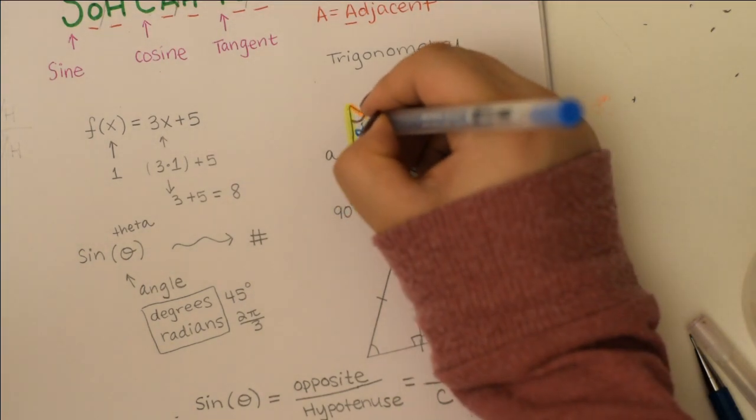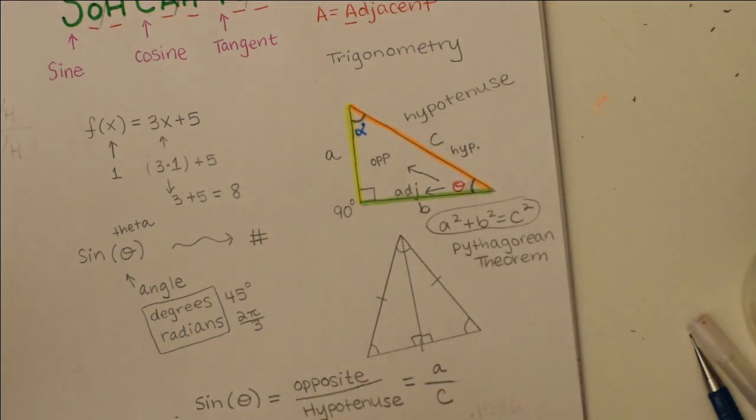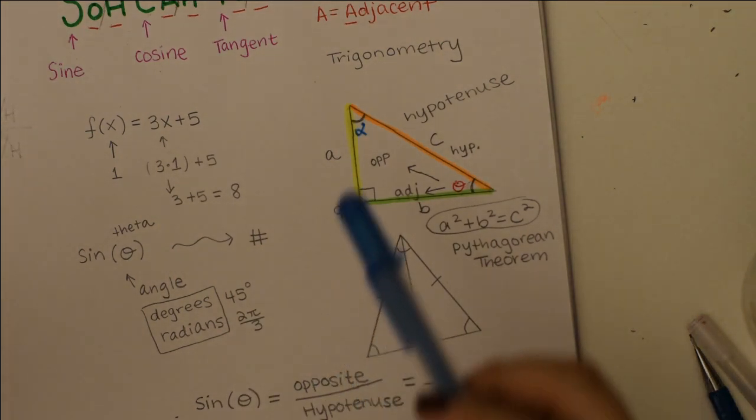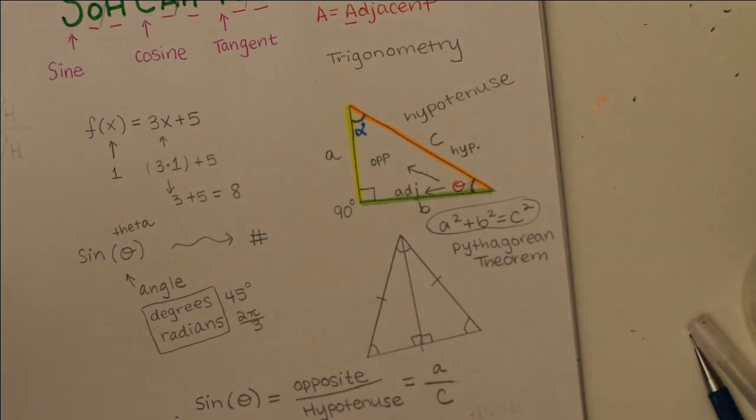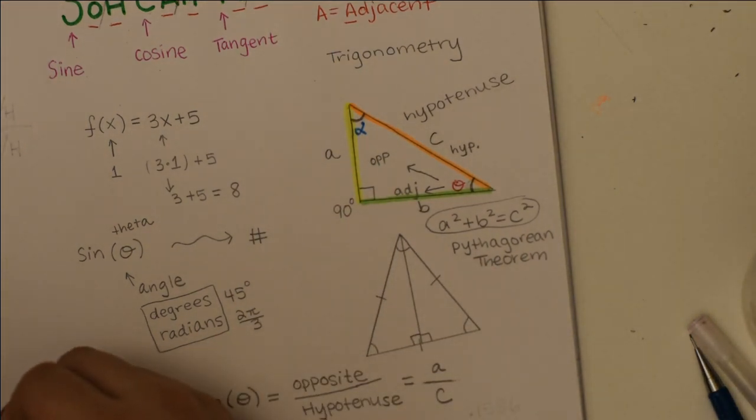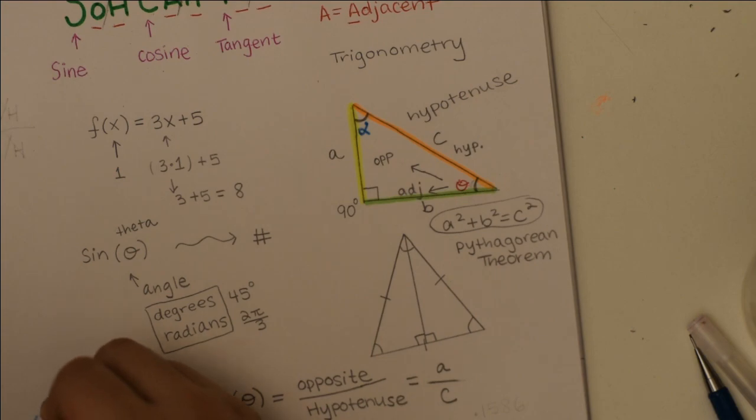Usually we use Greek letters for angles here. So notice that if we used this as our angle and we tried to find sine of alpha or cosine of alpha, in fact you could try this on your own if you're interested and if you're not already asleep.